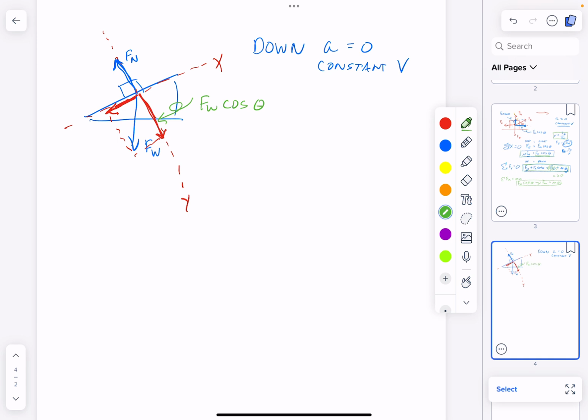And by the way, I should point out that this angle here is the same as this angle there. That's very important to know that.